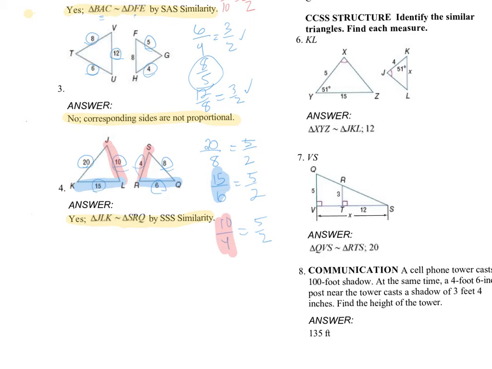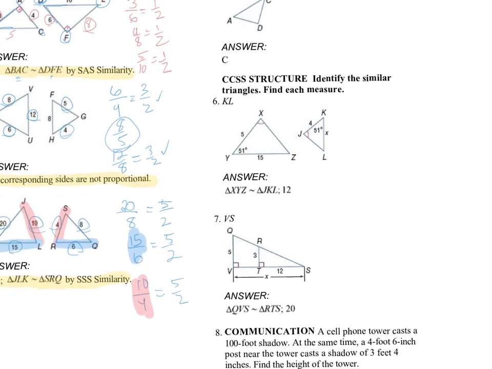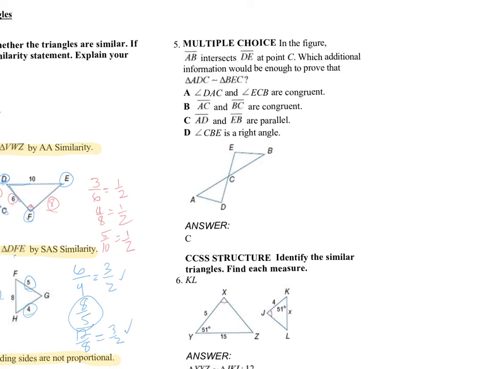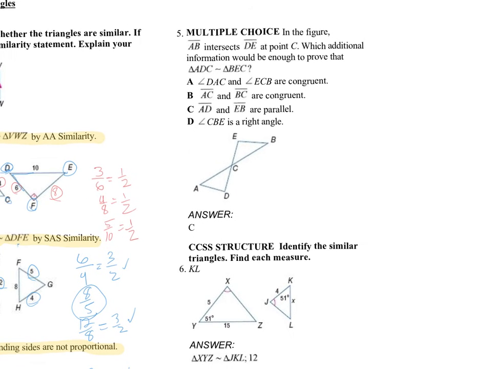All right, let me go ahead and move on here to number 5, which was multiple choice. Pretty straightforward with this one. If we look at it, it says that we had a line segment AB intersect line segment DE at point C. Which additional information would be enough to prove that triangle ADC would be similar to triangle BEC?